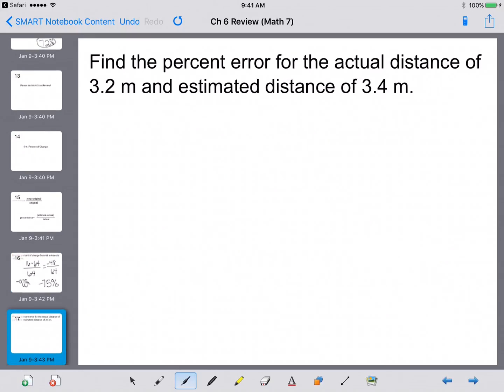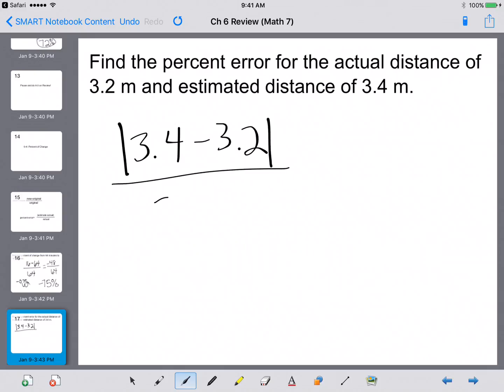Another would be the percent error here for the actual distance of 3.2 and estimated distance of 3.4. So our equation is the absolute value of the estimate of 3.4 minus the actual, over the actual. 3.4 minus 3.2 is just 0.2, and that's already a positive, so we don't have to worry about changing that.